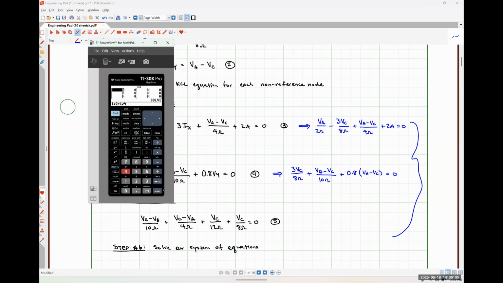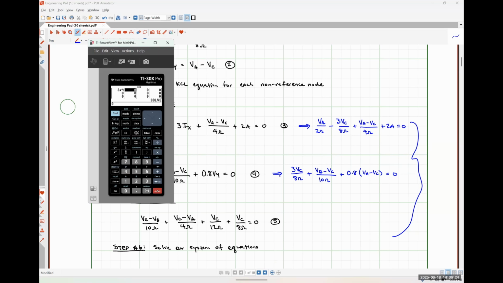And then I'm just going to press enter because that's all the VAs that I see. Okay. So I'm going to let my calculator combine all of those fractions for me because I don't want to spend 20 minutes doing basic algebra, finding the least common denominators and all that jazz if my calculator can do it for me.